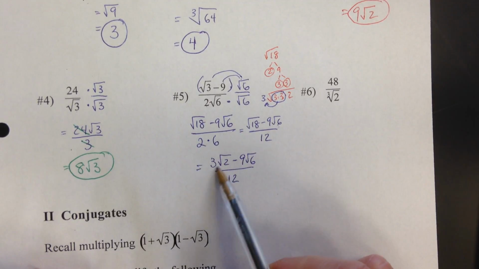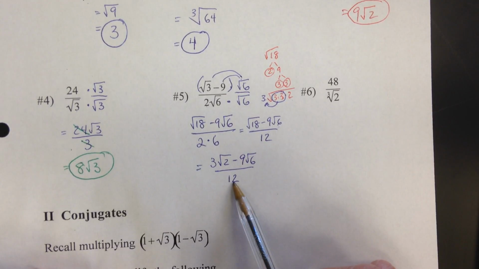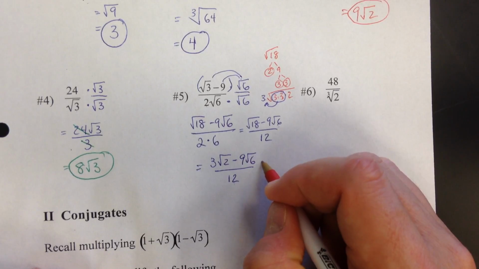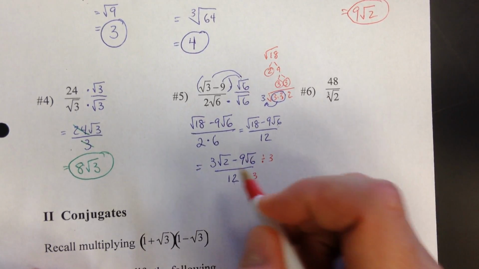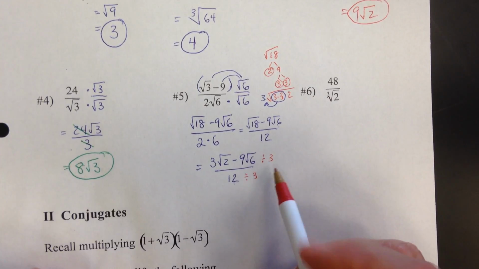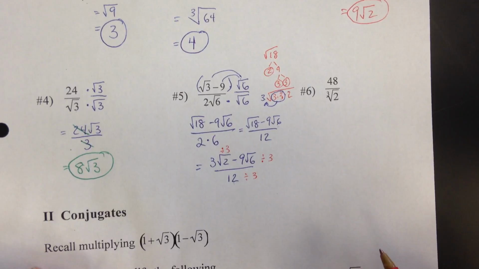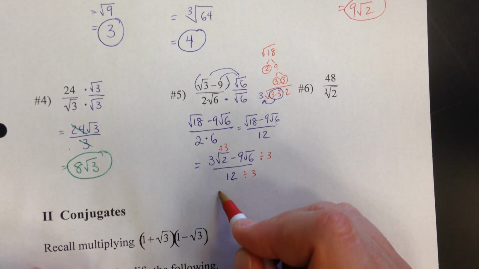I'm looking at the outside numbers, 3, 9, 12. So ask yourself, what goes into all of those? And the answer is 3. So we're going to divide each piece of this by 3. So, all right, I'm gonna write it up here, even though that doesn't really look great. 3 divided by 3, we get 1 root 2.